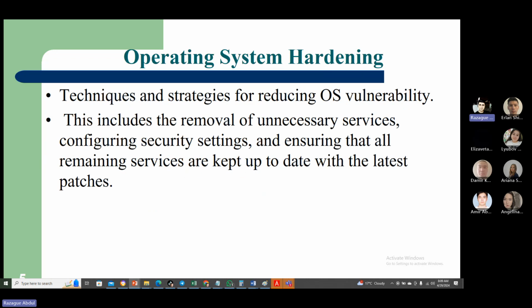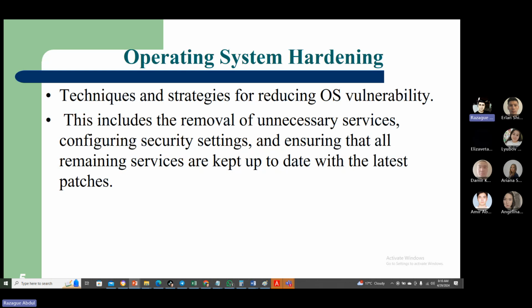Now we have to discuss operating system hardening. Operating system hardening is a critical component of system security that involves implementing a set of technologies and strategies designed to reduce vulnerabilities.